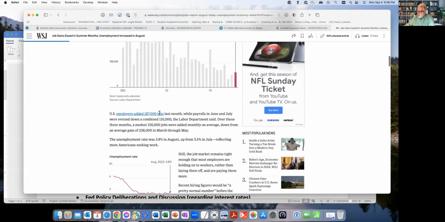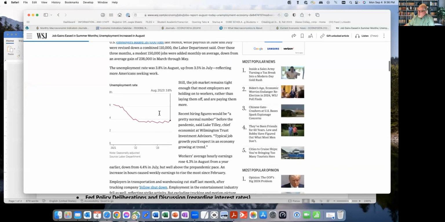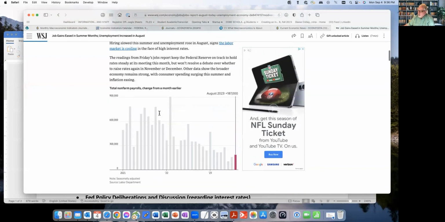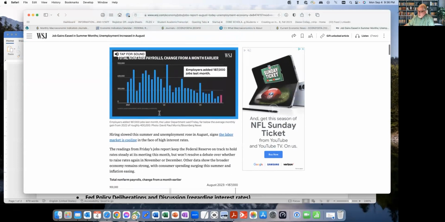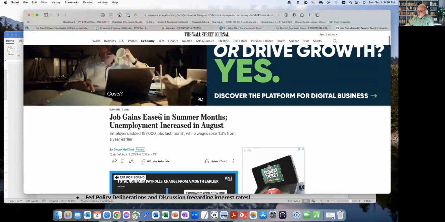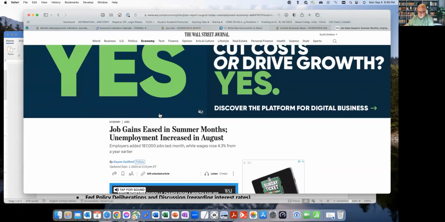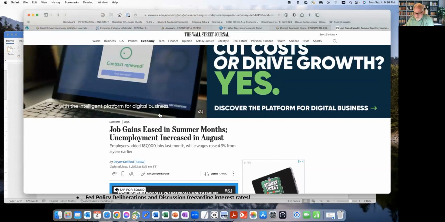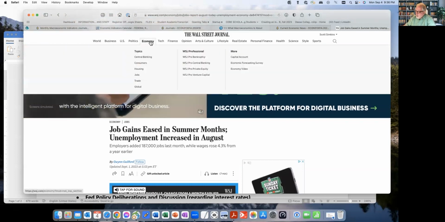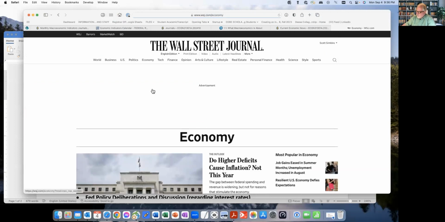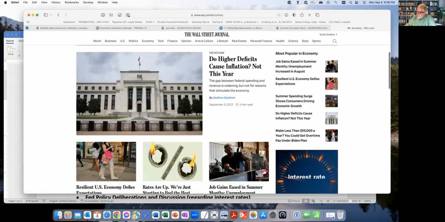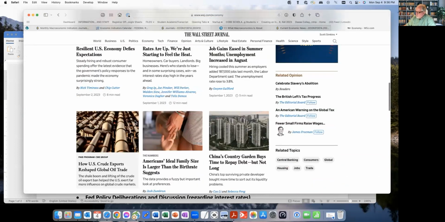So you need to be reading the Wall Street Journal, and you need to be paying attention to when the macroeconomic data comes out. If you're reading the Wall Street Journal, you'll see when they come out, because they come out almost every day. There's something here, and it'll be in the economy section. And you can go down and look at past articles as well.